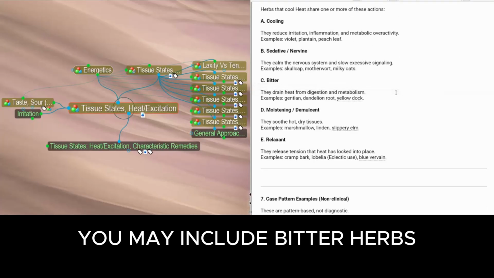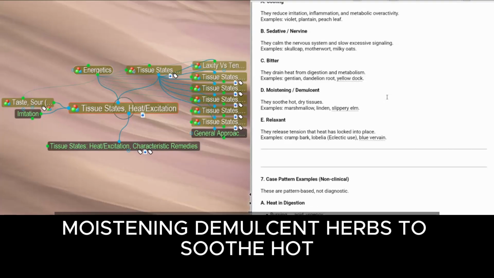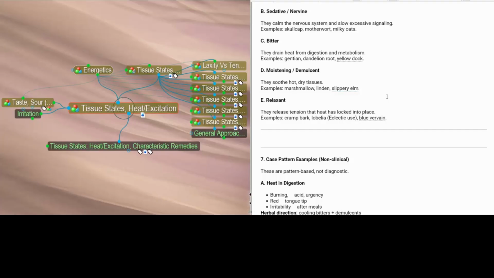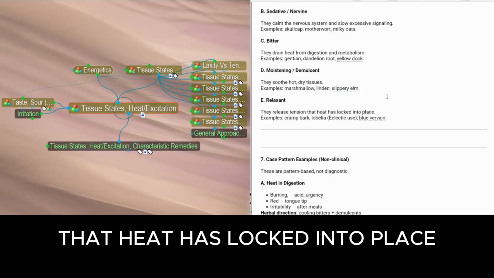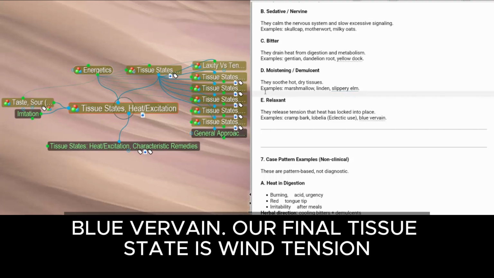You may include bitter herbs that drain heat from digestion and metabolism, moistening demulcent herbs to soothe hot, dry tissue, and relaxants that release tension that heat has locked into place. Herbs like cramp bark, lobelia, blue vervain.